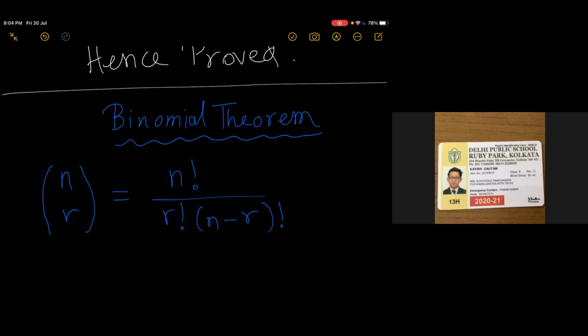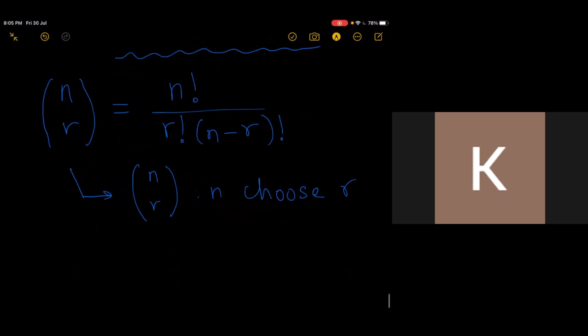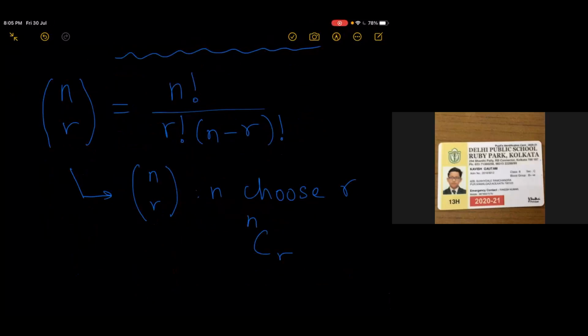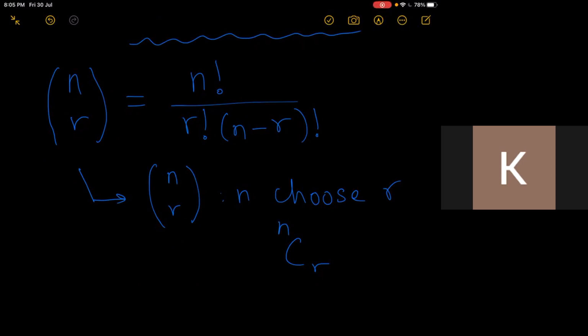What is written at first? This is n choose r. There is a long bracket, n above, r below. It is read as n choose r, or nCr. So what does it mean? That I said, you will learn the meaning in combinatorics. If I sit to explain the meaning, it will take another 10 minutes.